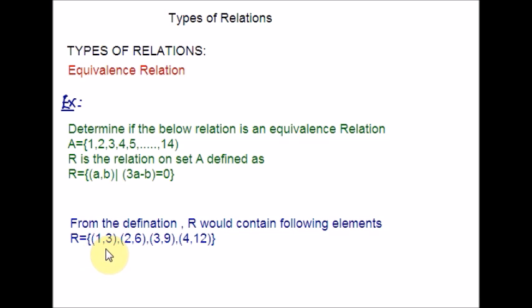Reflexive means we should have (1, 1), (2, 2), (3, 3), (6, 6), (9, 9), (4, 4), (12, 12). But we don't have those pairs. So R is not reflexive because we don't have pairs like (1, 1), a reflecting one.